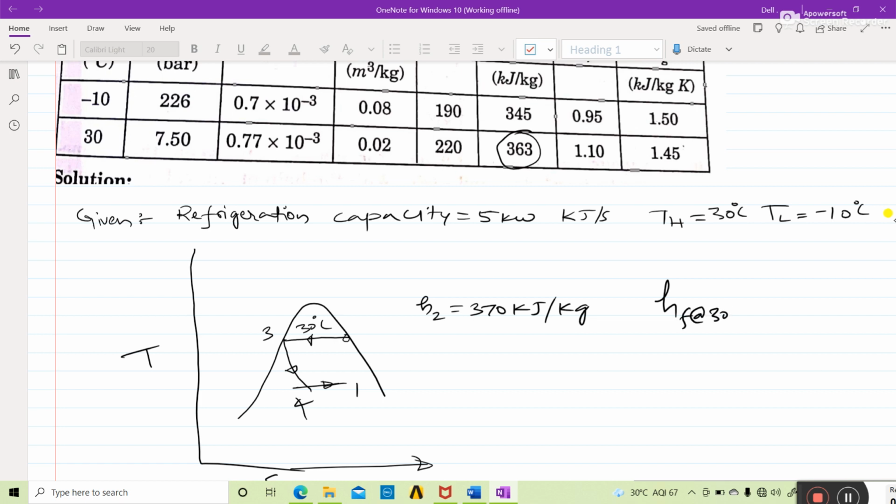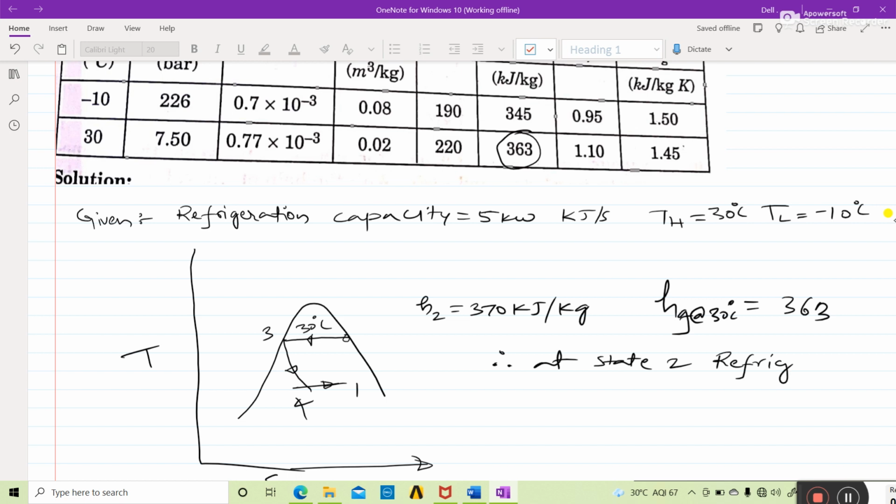Hf at 30 degrees Celsius is 220, Hg at 30 degrees Celsius is 363. At state 2, the refrigerant is superheated.